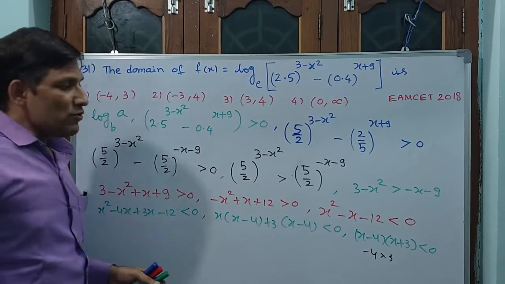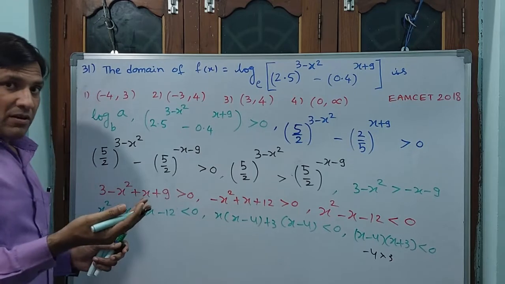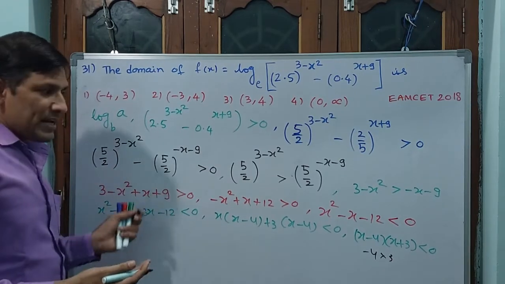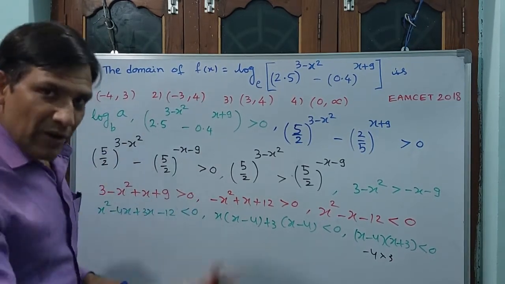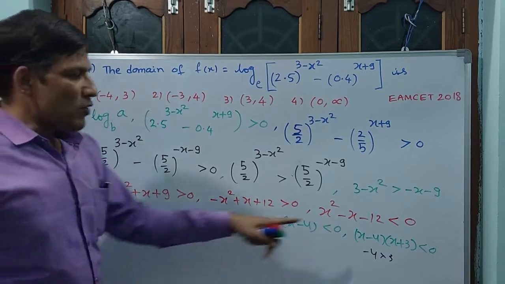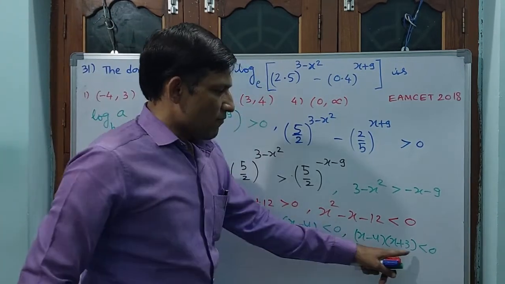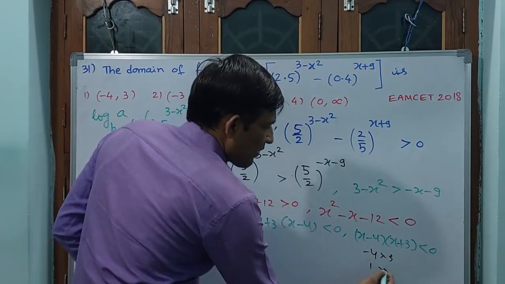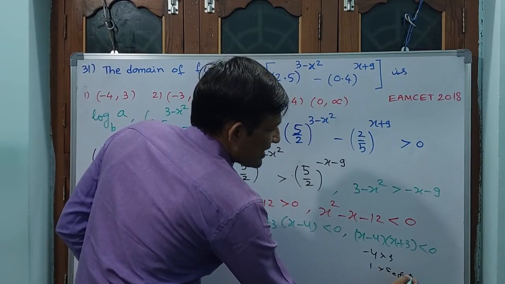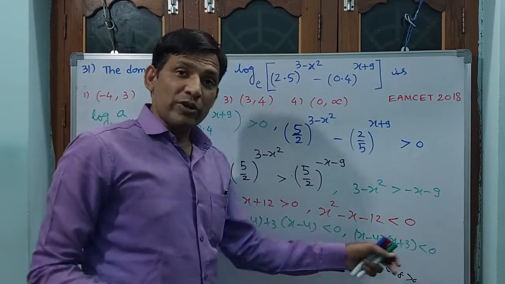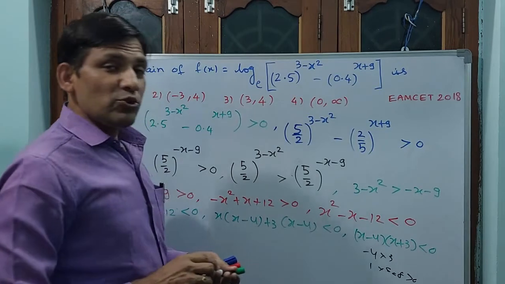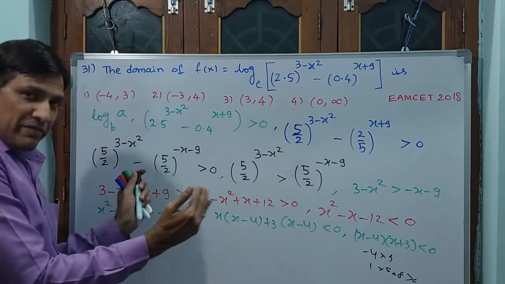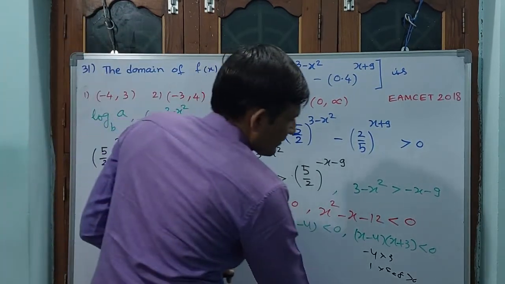Greater than, if you give, you see, x is coming, upper side 4, lower side minus 3, okay, 5 if you give, what will happen, you see, 5 minus 4 is 1, okay, 5 plus 3 is 8, 1 into 8, that is 8, 8 is greater than 0, but here you require less than 0. That means you should not take like that, you have to take between minus 3 to plus 4.